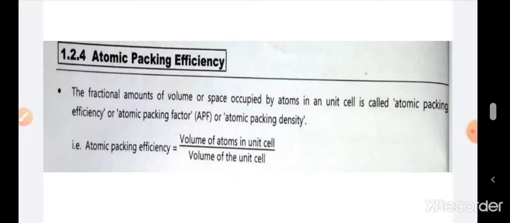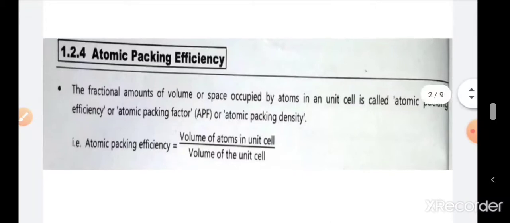As we already learned in our previous lecture, we will always consider a cubic structure for unit cell. So in case of volume of unit cell we have to use the volume of cube, whereas for volume of atoms in that unit cell we have to consider the volume of sphere, because we already learned the shape of atom is spherical.